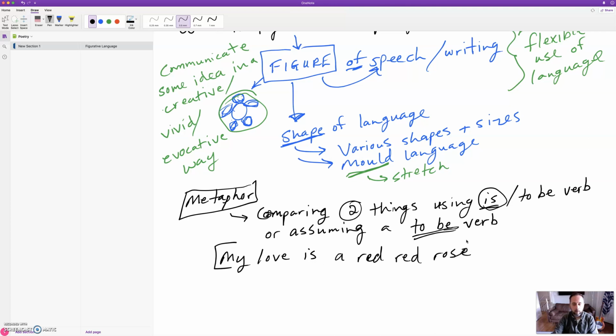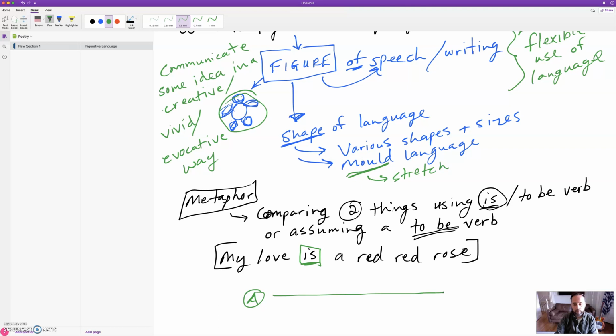All right, there's my metaphor. How do I know it's a metaphor? I have the to be verb is, right? So when there is the to be verb is, two things are being compared.